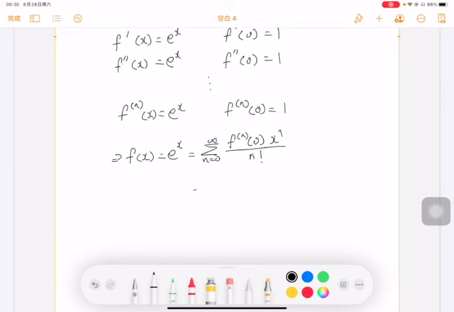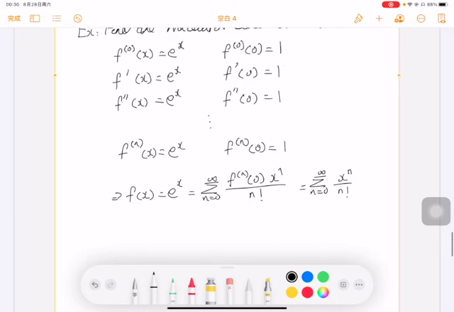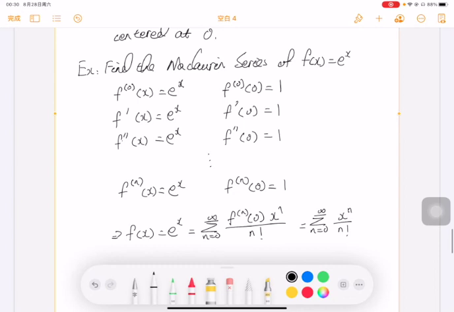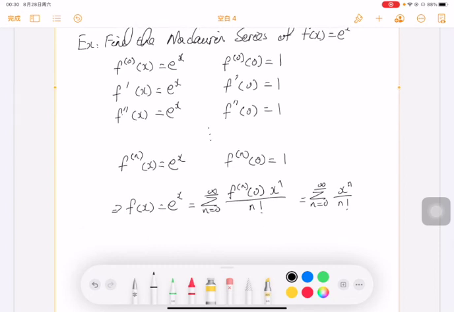Now we've shown that the derivatives are 1s, so we get the sum from n equals 0 to infinity of x to the n divided by n factorial. All right, so we've shown that the function e to the x has this Maclaurin series representation.